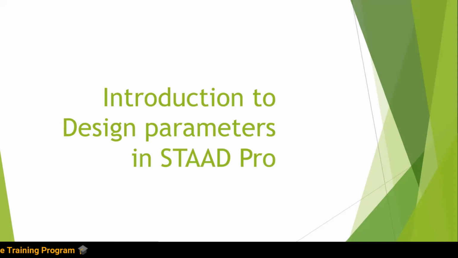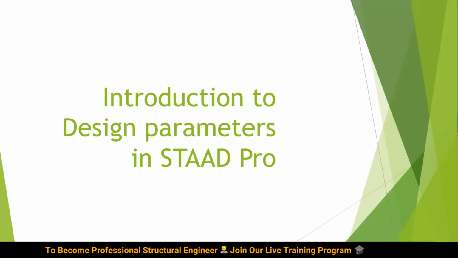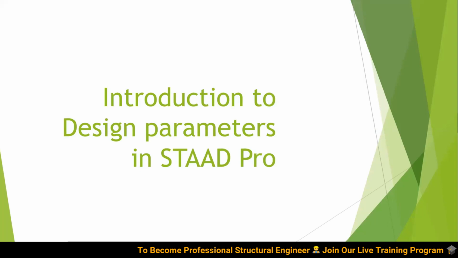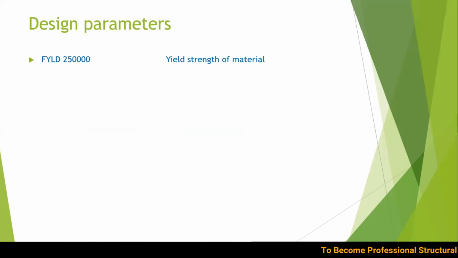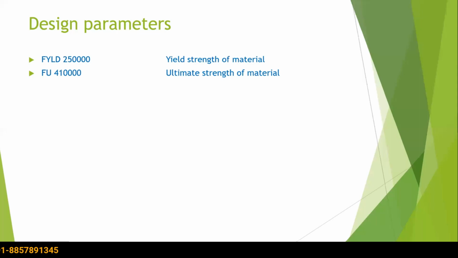Let's discuss some of the basic design parameters we should apply when we want to design. Now the analysis is done. Of course, some of the basic parameters are the yield strength of steel, 250, and the ultimate strength of our material.